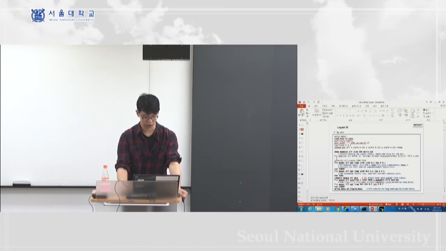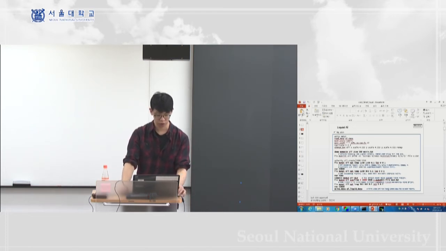And then we're gonna start to set up the simulation to run the liquid aluminum simulations. So first we have to create the velocities, and here we set this temperature to 2400 Kelvin.